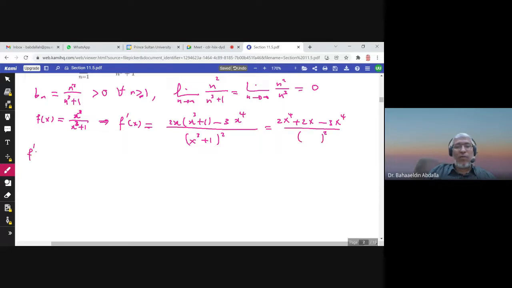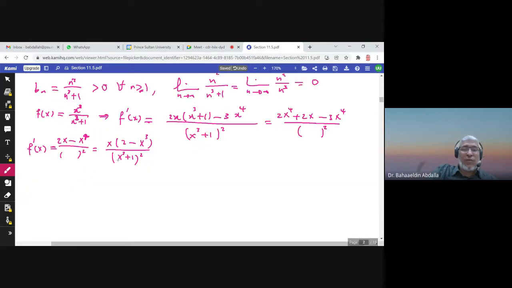So f prime is 2x, minus 2 minus 3 is minus 1. If you take x as a common factor, 2 minus x cube over x cube plus 1 to the power 2. So this is f prime.